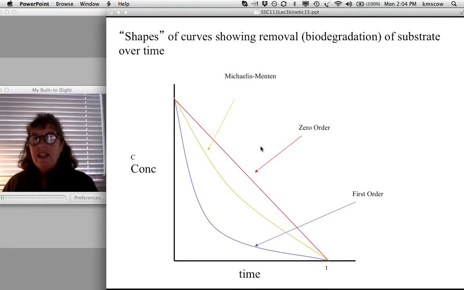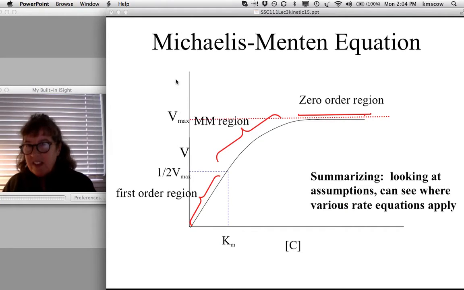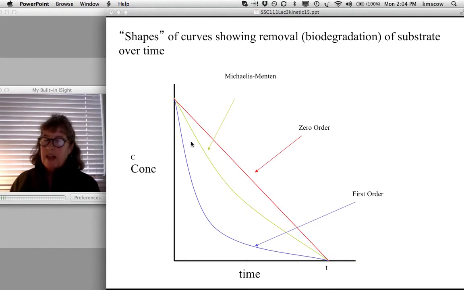Okay, and let's just look at these shapes. This is not to be confused with the graph that shows the relationship between the rate and the concentration, rate against concentration. Let's now look at some shapes of curves showing the concentration, for example, of the substrate, 100% or 100 parts per million, over time. Different curve. When you plot zero order, you get a straight line.